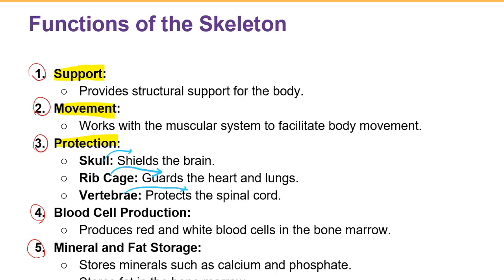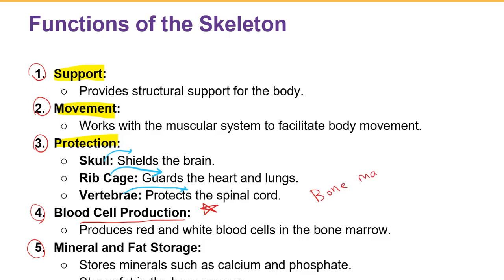Can you believe it? Our skeleton is involved in blood cell production. But how come? How is it possible that this hard structure produces blood cells? Yes, that's correct. Because inside certain bones, there is a soft tissue called bone marrow.